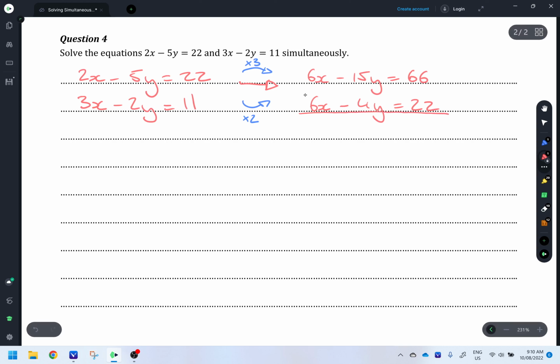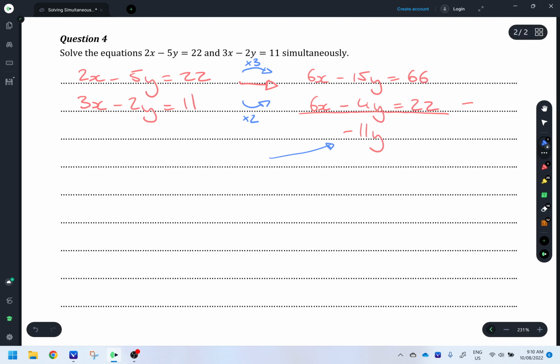Again, both of these x's are positive, 6x. So because the signs are the same, I'm going to subtract. So I have the x's go away. I have negative 15y minus negative 4y. That's going to be negative 11y. Make sure that you're looking out for your negatives here.